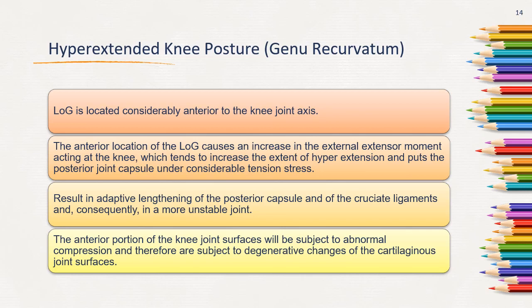Because of that, there will be great stress or tension on the posterior joint capsule, resulting in adaptive lengthening of the posterior capsule and of the cruciate ligament, and consequently it creates a more unstable joint. The anterior portion of the knee joint surface will be subjected to abnormal compression and therefore to degenerative changes of the cartilaginous joint surfaces.